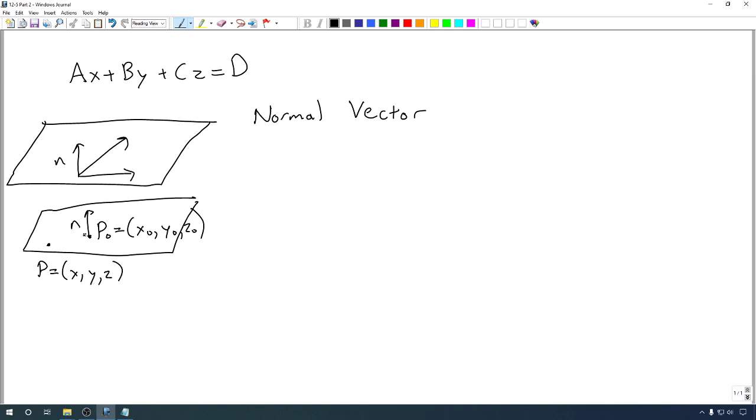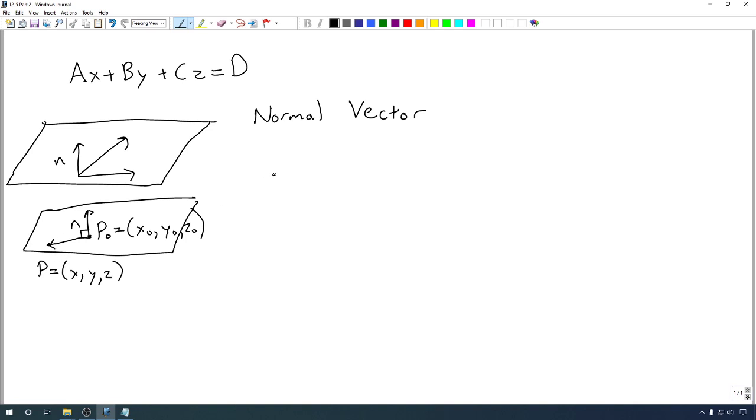And we want to imagine how we would associate this point P with the vector n. Well, keep in mind, if we were to draw the line segment between P naught and P, that's going to have to be perpendicular to n. Or in other words, if we can somehow get a vector here, that vector would have to be perpendicular or orthogonal to the vector n.